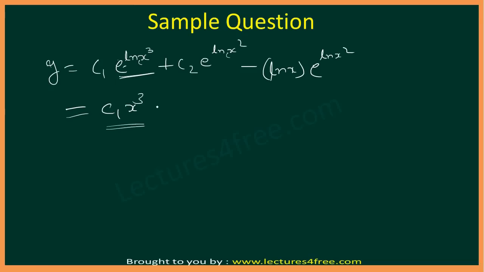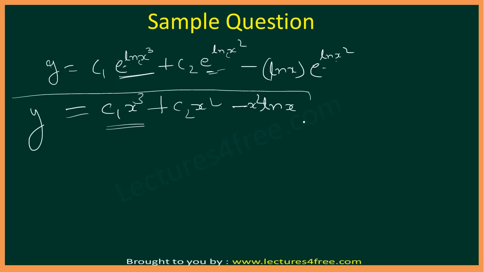So we can write it like this, plus c2 x square, because here the base is e. Similarly, we can write here x square, with base e. So this will be your final answer.